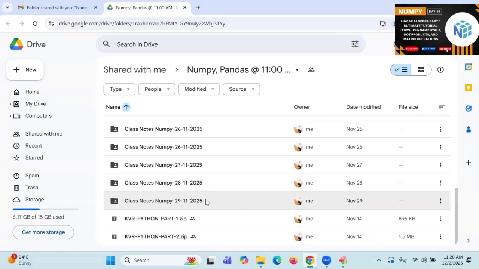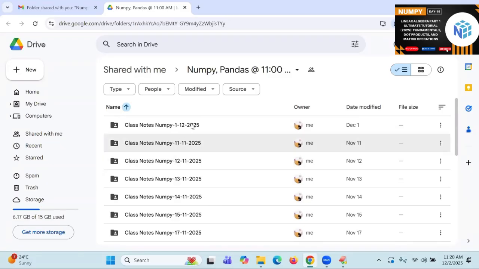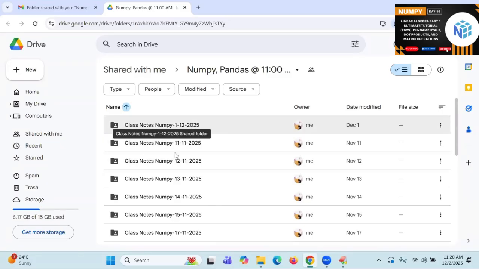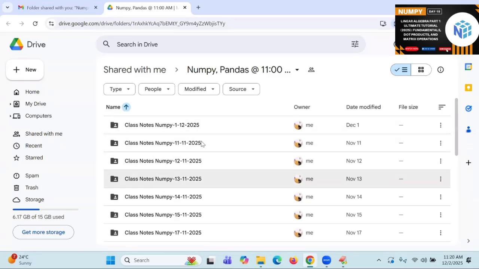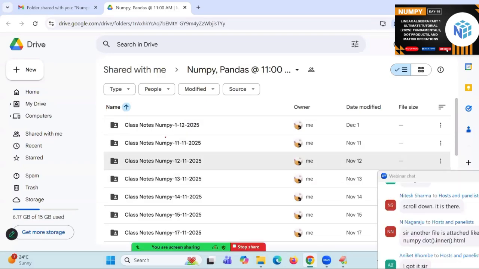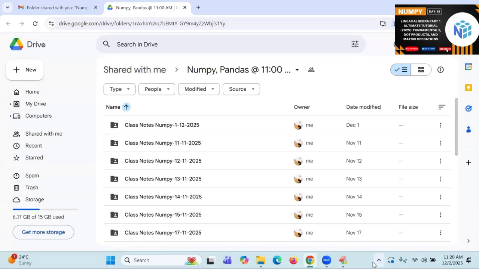One student asked for the last two days' notes; the 30th notes are not there because it was Sunday. And the first notes were there, yesterday's notes. Today's notes will be coming, that is number 2, below 1 only. Don't go to the top, bottom. So please come to that.